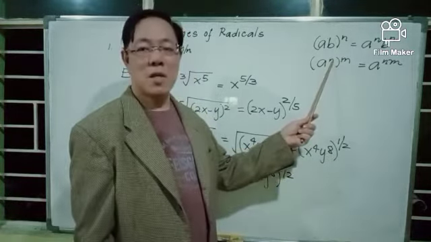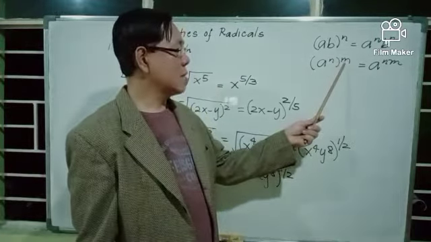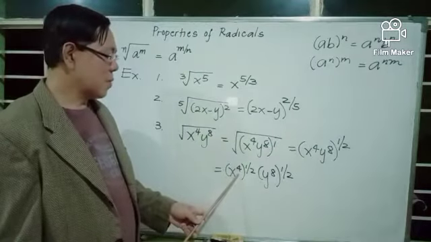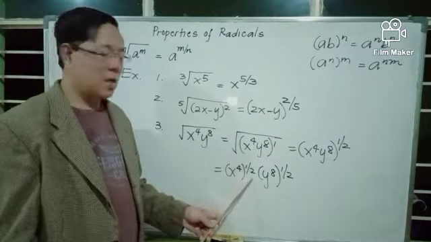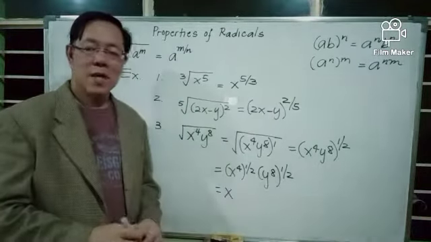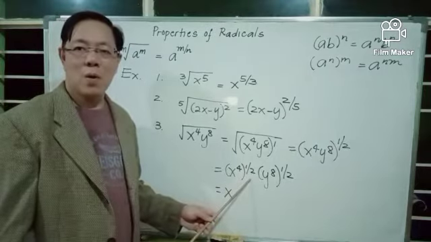The exponents are multiplied. So here we multiply the exponents 4 and 1/2. x raised to the product of 4 multiplied by 1/2, that's 4 over 2.